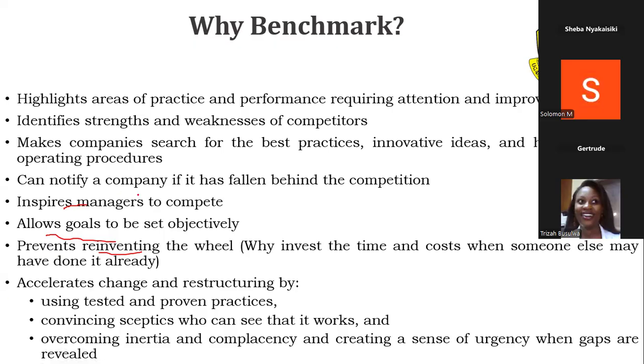It helps to accelerate change and structuring by using tested and proven practices and also answering to the skeptics in the workplace. When we start saying, let's change this thing, then someone says, for us, we've been doing this since time immemorial. You change it, you're breaking everything, and so on and so forth.